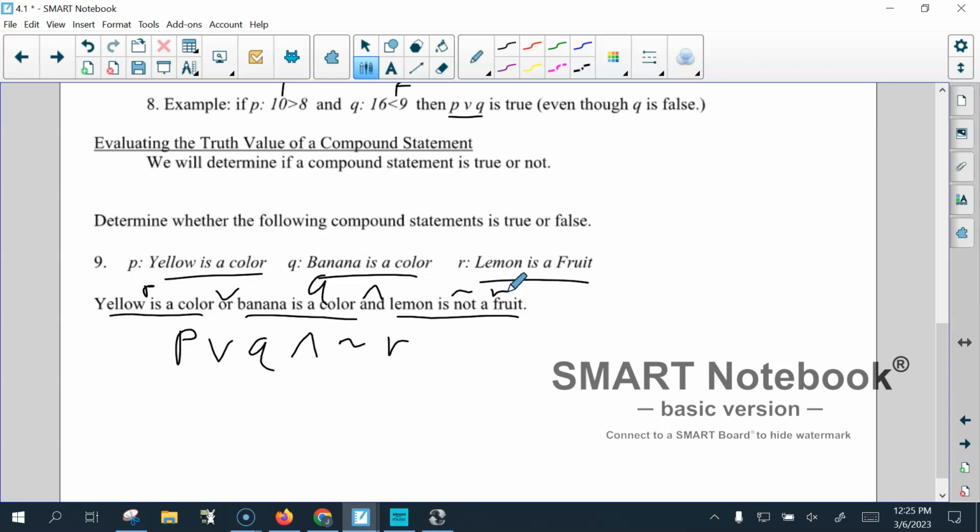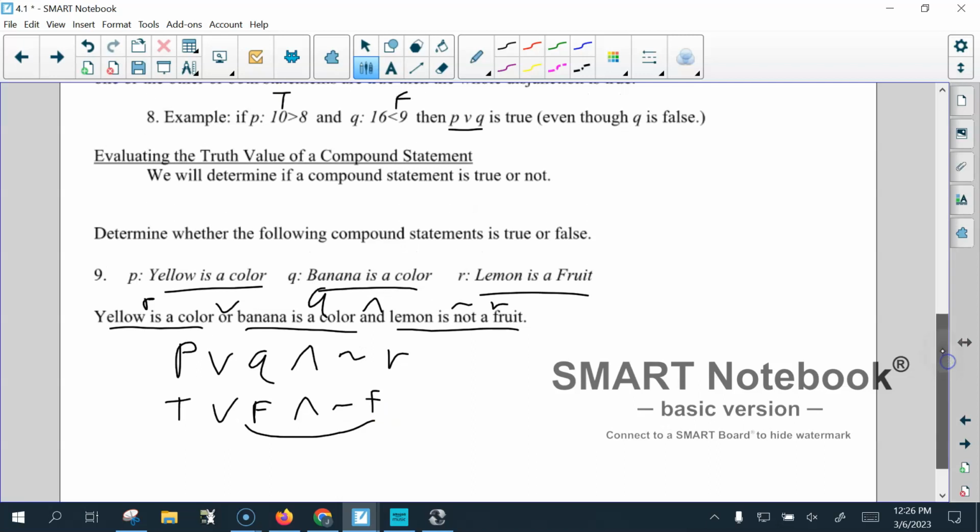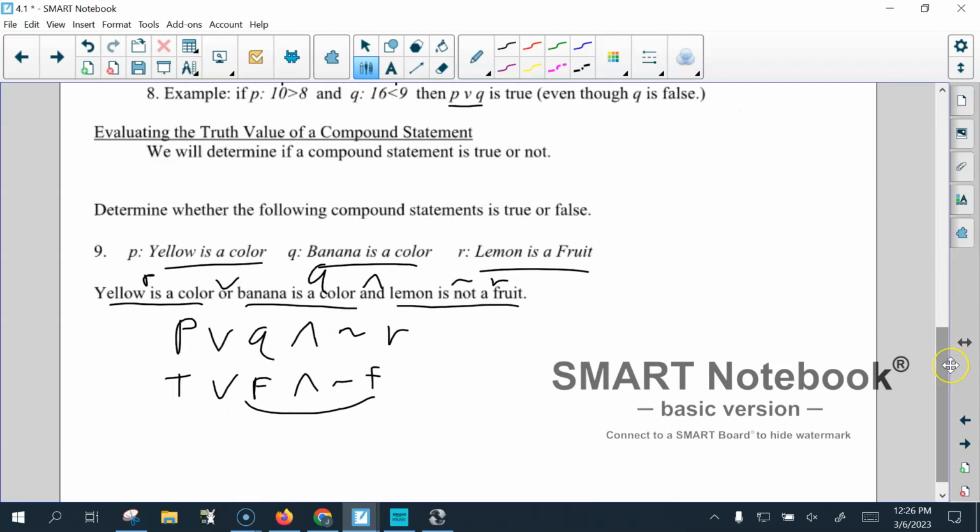Now we have to analyze it. Okay? So, if we look at this, okay, this is true. This is false. Banana is not, I mean, you might go, well, I bought a shirt the other day and it was listed as banana. Okay, but generally banana is not listed as a color. So we're going to say that's false. Then we say that and false, because lemon is not a fruit. So, with these two, we're just breaking down step by step. Since those two together are both false, and we said up here that we have two falses on an or, that's false.